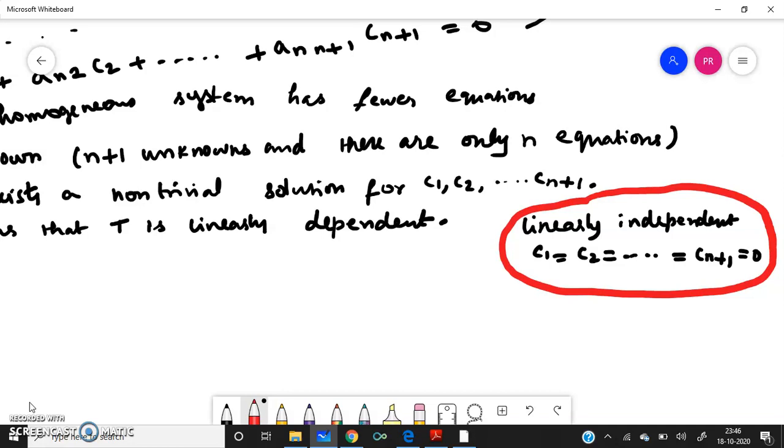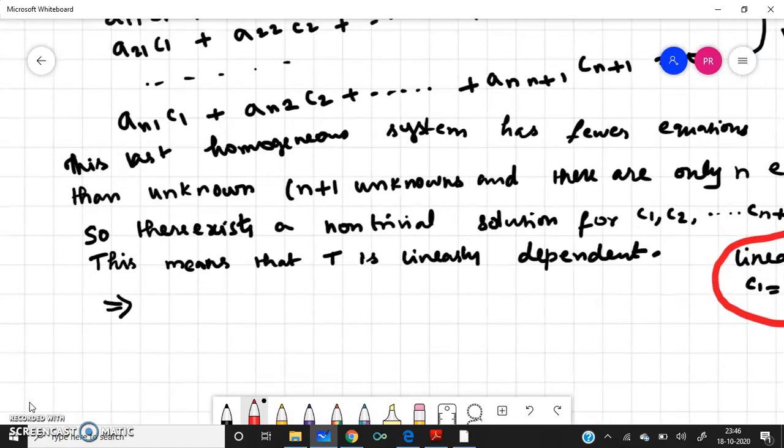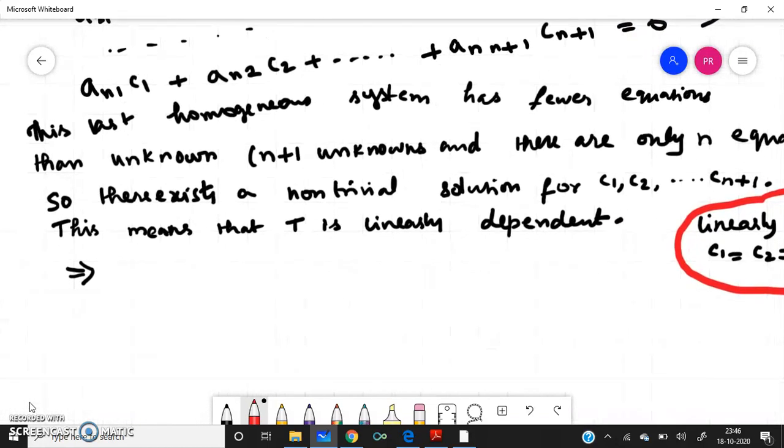C1, C2, C3 and so on to C(n+1) should all be equal to 0. Each and everything should be 0. Then only can you call it linearly independent. But here it has a solution, that is, C2, C3 and so on to C(n+1) can be written in terms of C1, so they are not all equal to 0. That is why we have written it as linearly dependent.